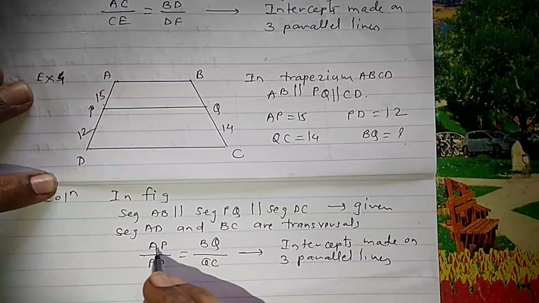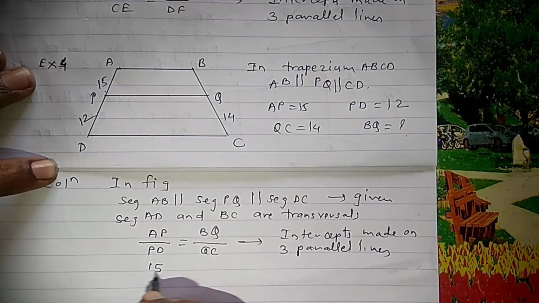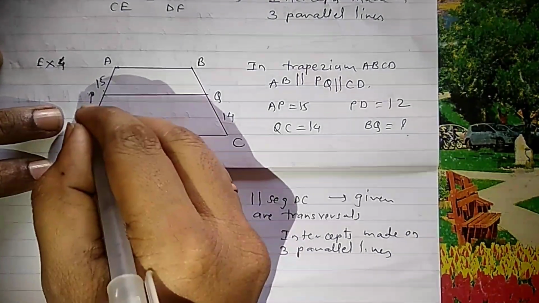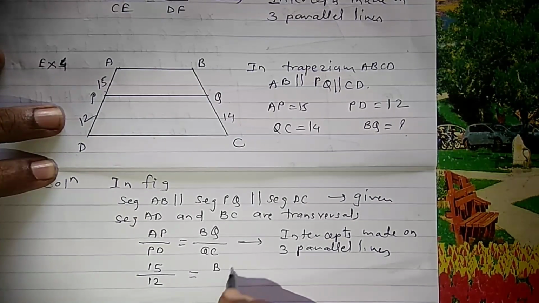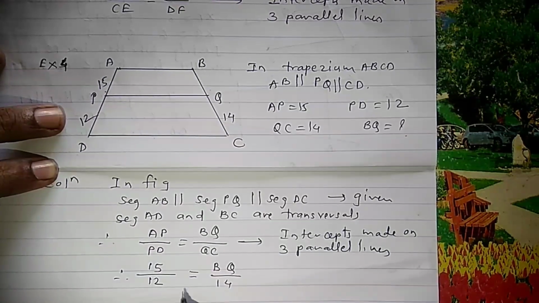We'll substitute the values. What is AP? AP is 15. How much is PD? It's 12. BQ you have to find out. QC is 14. Substituting values, now by cross multiplication, BQ into 12 is equal to 15 into 14.